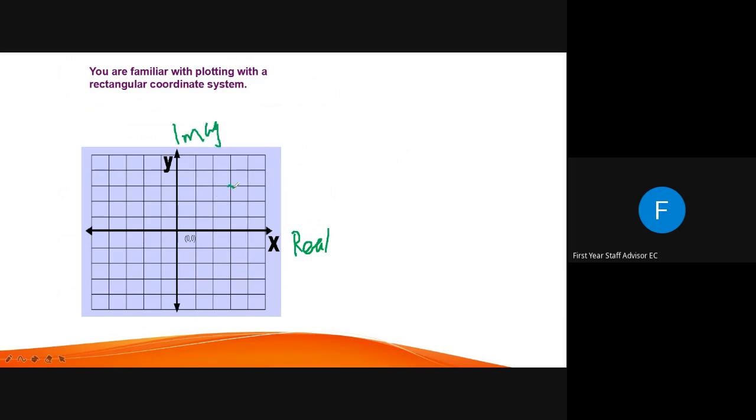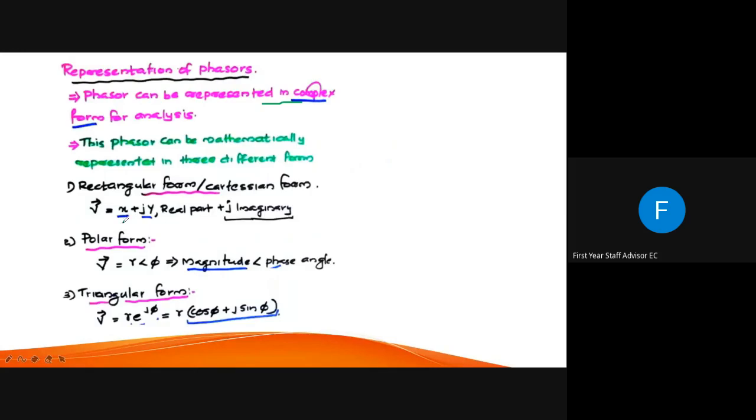A phasor, or I can write, voltage vector V, is equal to x plus jy. So real part plus j imaginary part. This is represented in that manner.